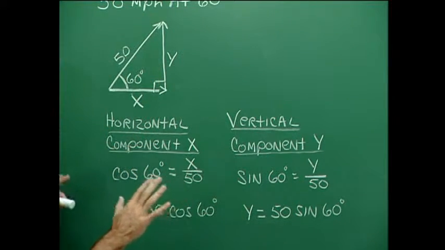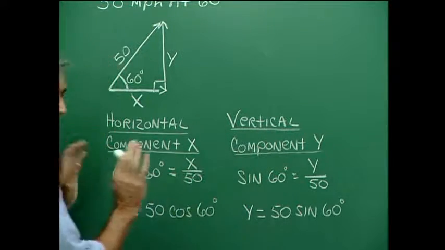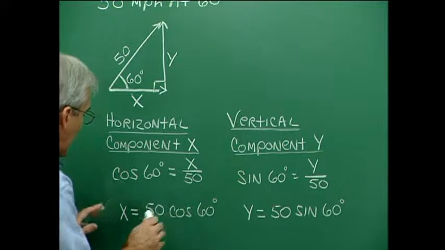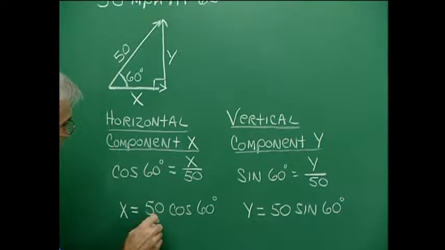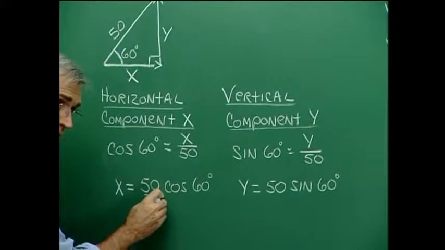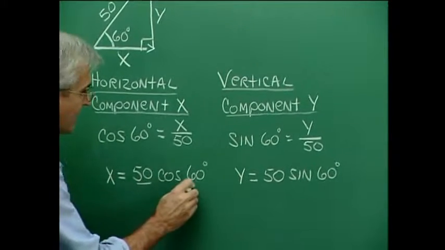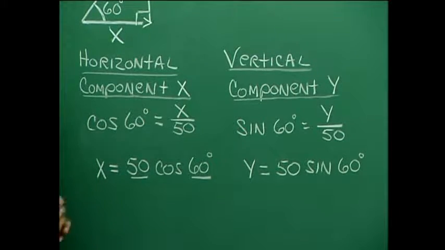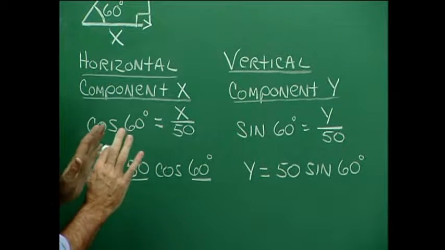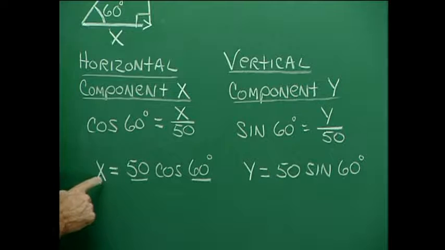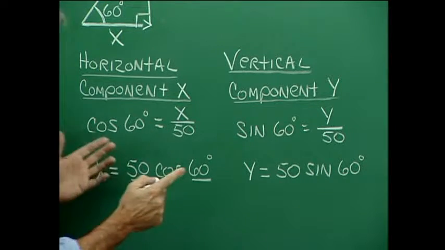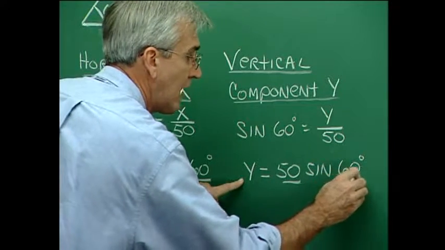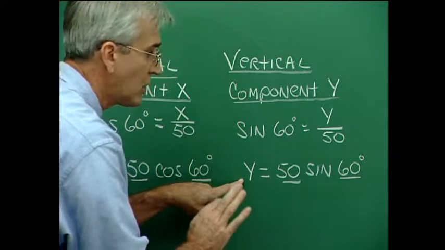Now, the important thing to notice here, generally, specifically we're going to make the calculations here, but generally speaking, for our horizontal component, we're involving the magnitude of the resultant vector and the angle that was given for the resultant vector. And it's important to know that just with that bit of information, we can calculate a horizontal component. And in a similar way, the vertical component is the given magnitude times the sine of the given angle. So that's the general idea.